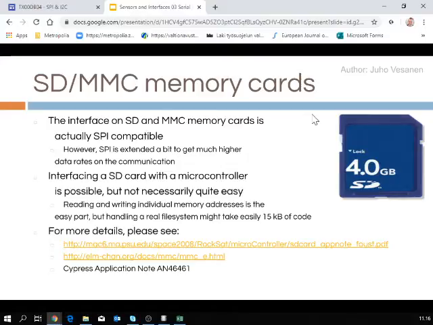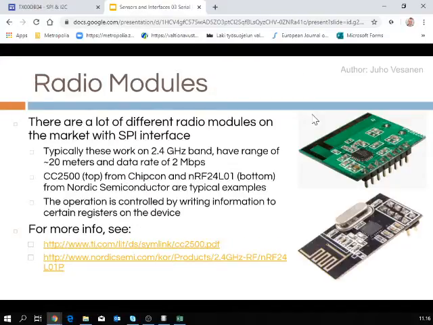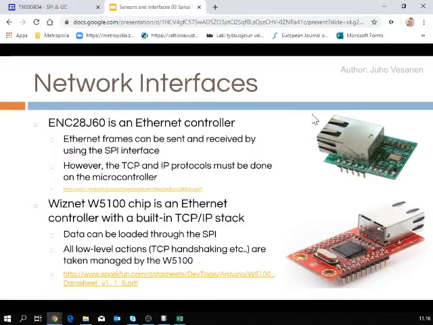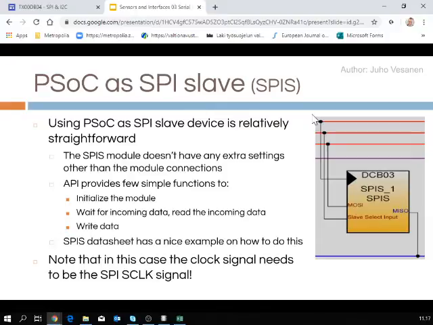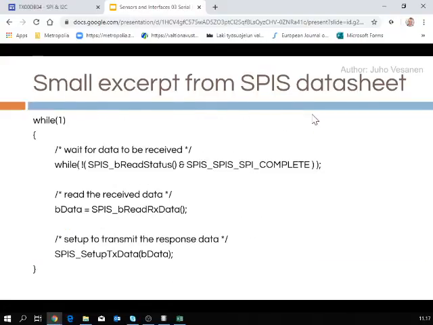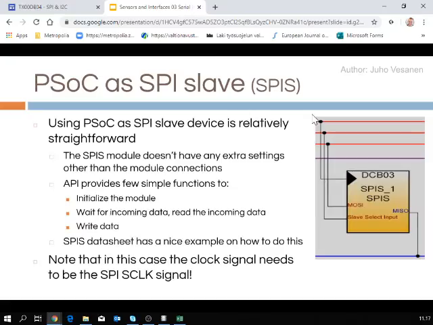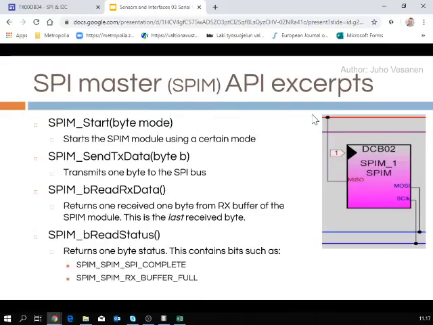SD or MMC cards. Yeah, some radio modules. So basically networking devices where you need some speed for data transmission. And then some obsolete information about this one, since this is for SPI, the PSOC 1.